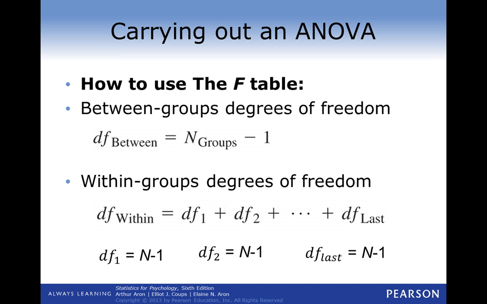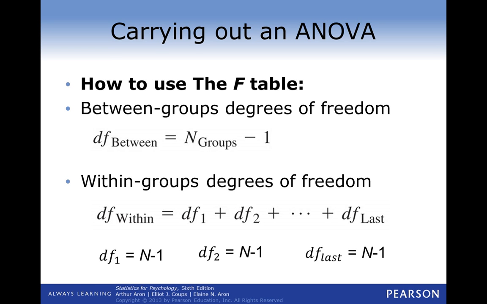You calculate your degrees of freedom for between. We've already done that. It's the total number of groups minus 1. We had 3 groups. Minus 1 leaves us 2. Our degrees of freedom within is simply N minus 1 for each group, and then we add the 3 together.